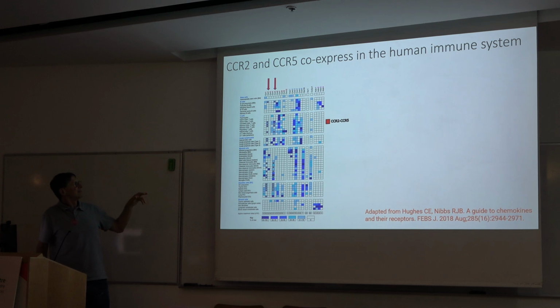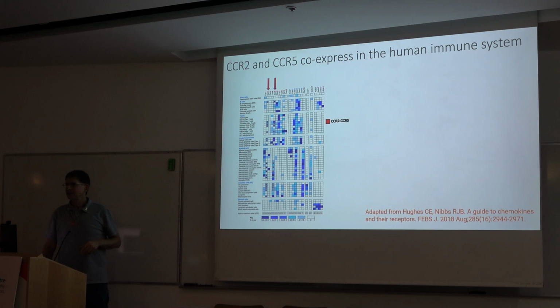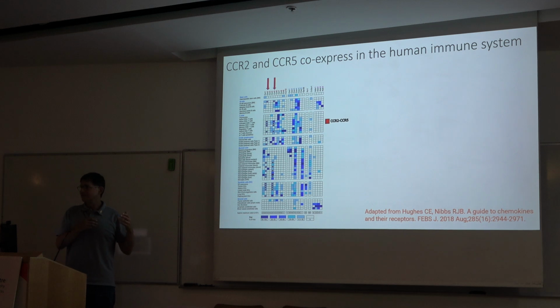You can see that in many cells they co-express, which is another indication of their importance to appear together. This is in human, and they are translated separately, but they co-express. So maybe sometimes they are just co-expressed as individual chains, and at other times they are along the same chain.